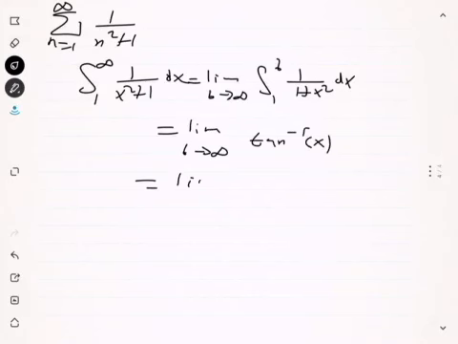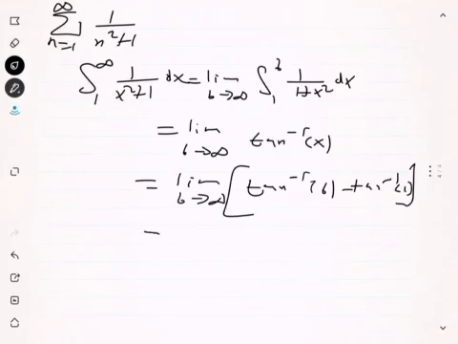And this is the limit as b approaches infinity of tangent inverse of b minus tangent inverse of 1. Tangent inverse of b is pi over 2, and tangent inverse of 1 is pi over 4, so this is pi over 4.